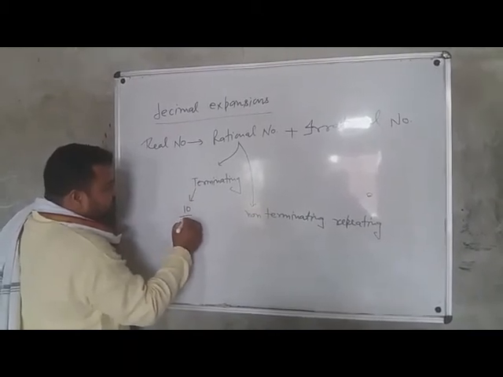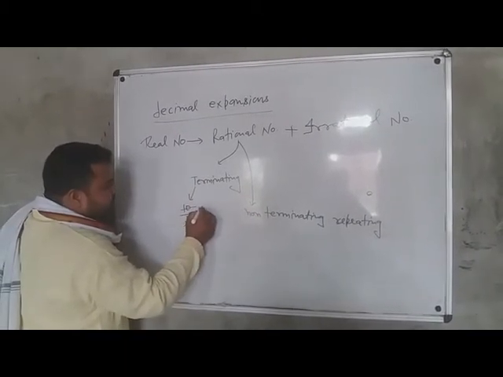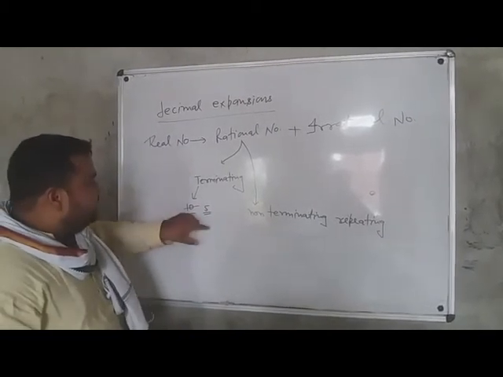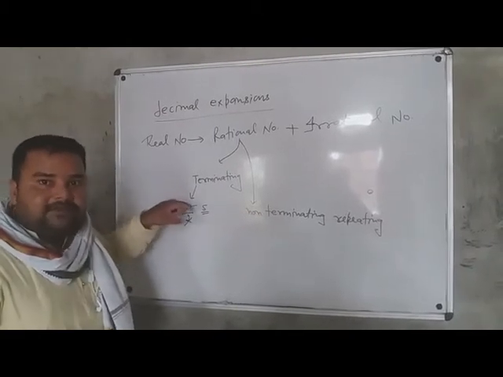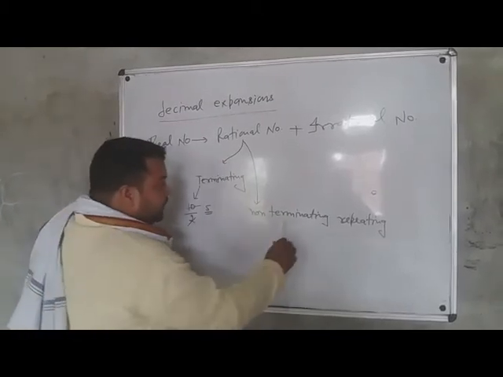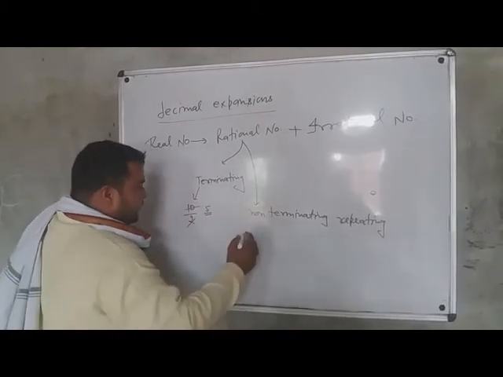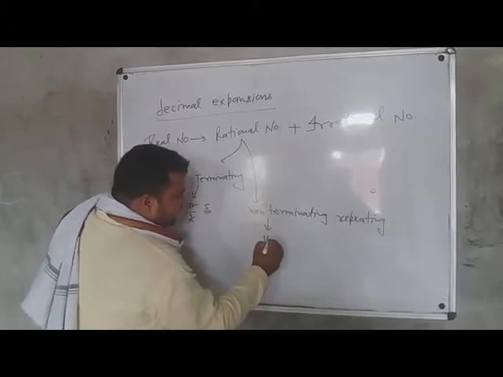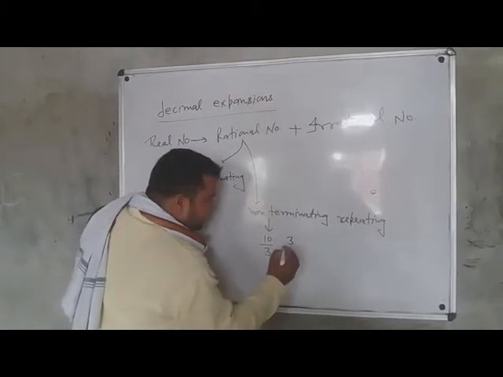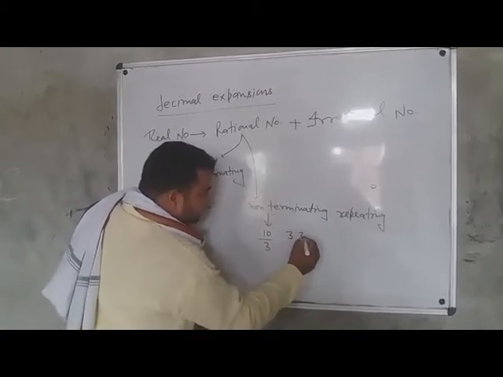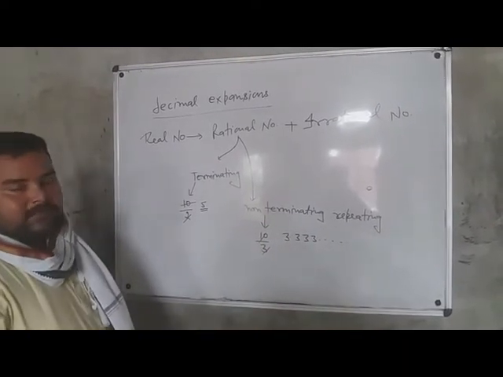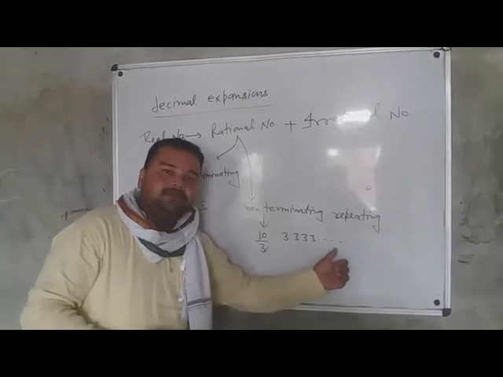For terminating, if we divide 10 by 2, 2 fives are 10, it is completely divisible by 2, so it is terminating. Now non-terminating, repeating: if we divide 10 by 3, 3 threes are 9, remainder 1, and this 3 will keep coming.